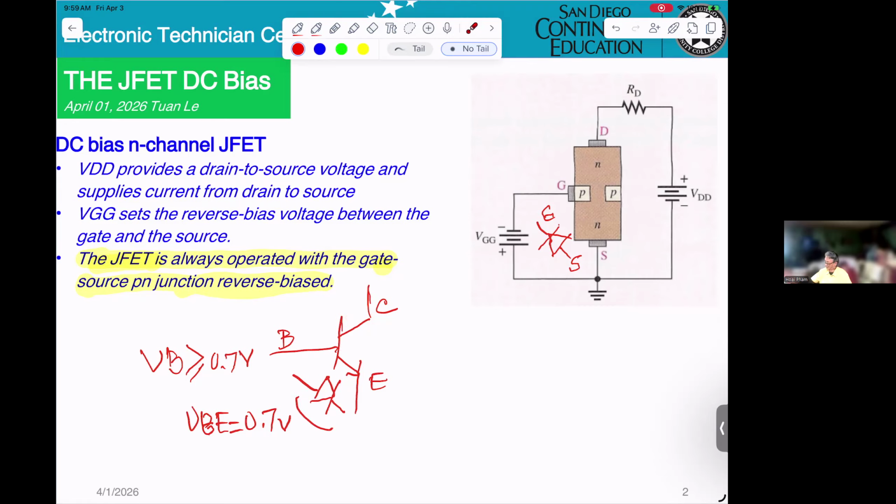However, in the JFET, between the gate and the source you get a diode, same thing, but the bias is opposite. So if VGG or VG is more negative, then the diode will be reverse biased.